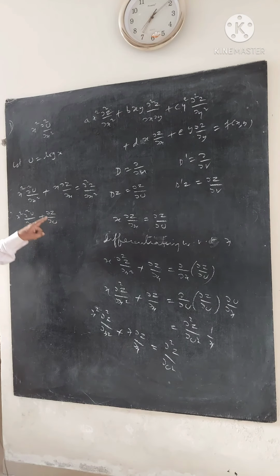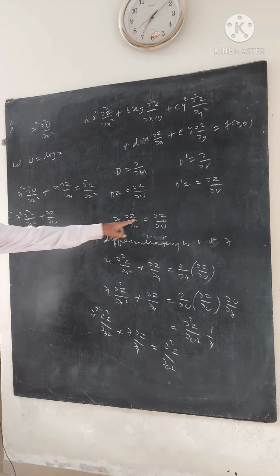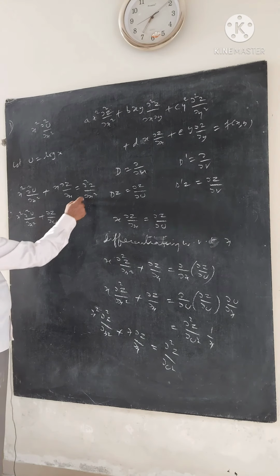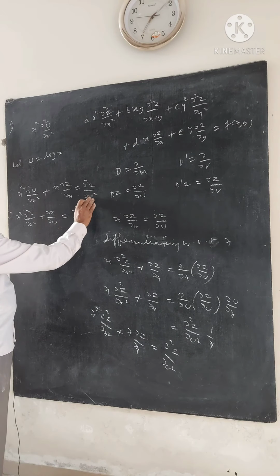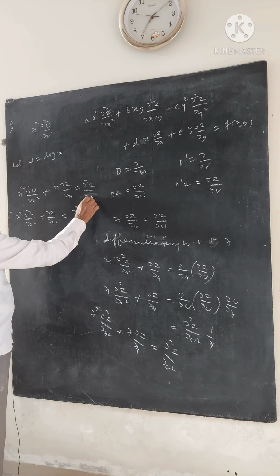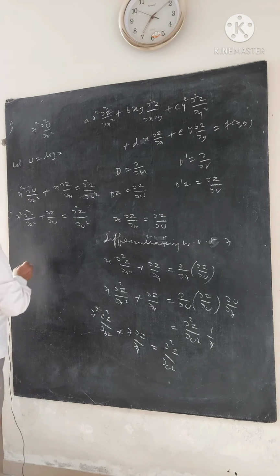Already we know x ∂z/∂x is ∂z/∂u, equal to ∂²z/∂u².